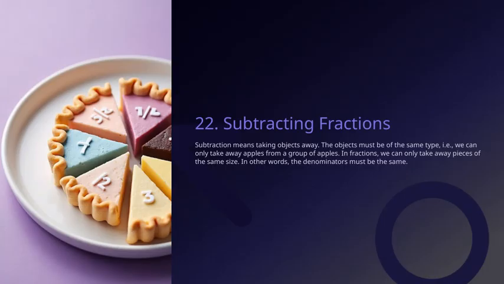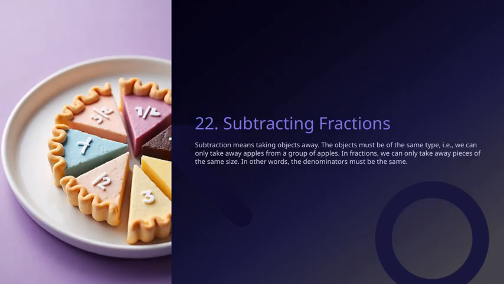When we talk about subtracting fractions, it's similar to taking objects away. But remember, the objects must be of the same type. For example, you can only take away apples from a group of apples. It's the same idea with fractions. We can only subtract pieces that are of the same size. That's why the denominators, the bottom numbers, must be the same. If they're different, we need to make them the same before we can subtract.